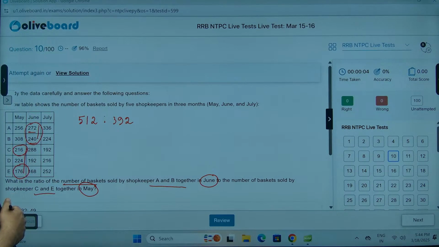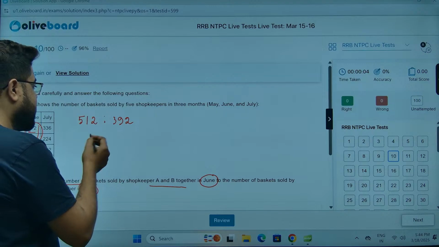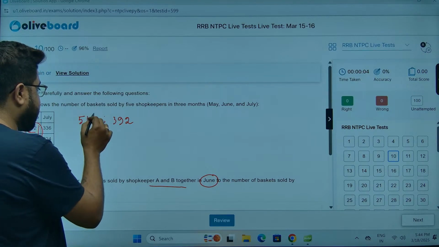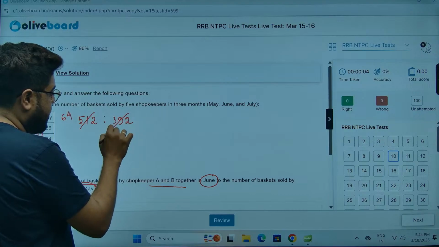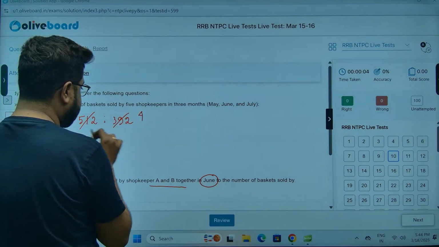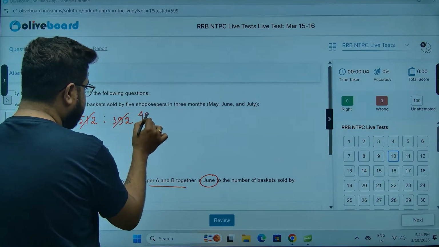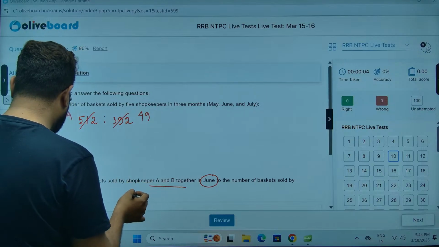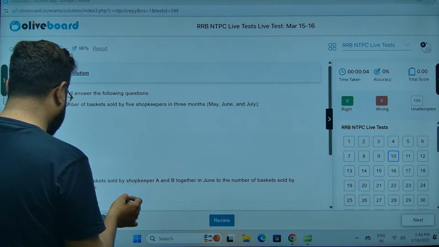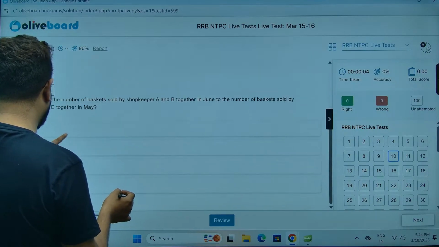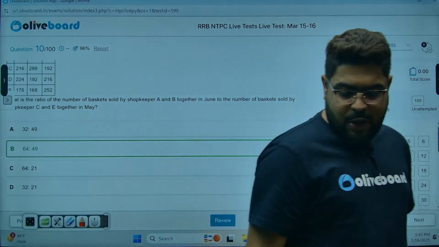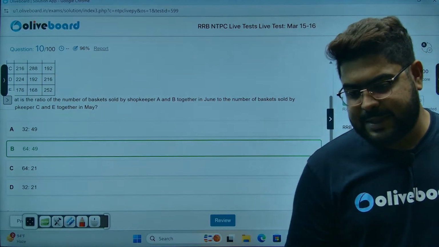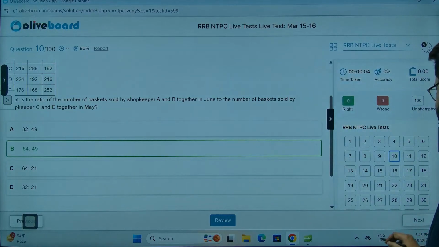Let's calculate the ratio they're asking. It is divisible by 8. 8 fours are this, 8 nines are this. 64 is to 49. You see, option number B is your correct answer. Option number B is most definitely your correct answer.